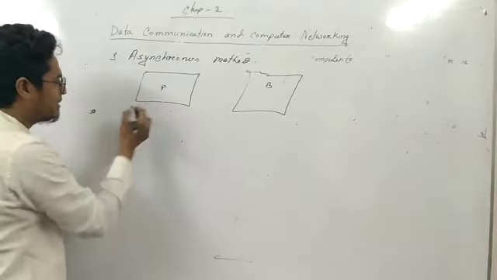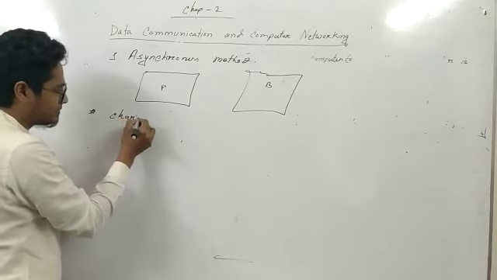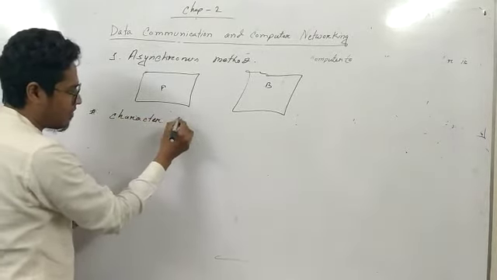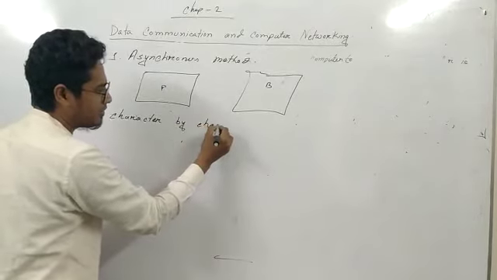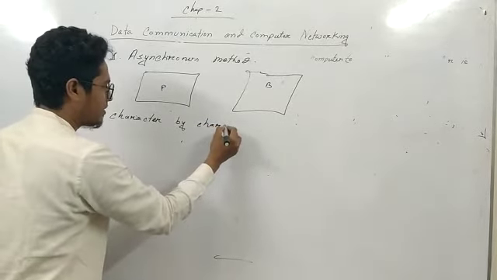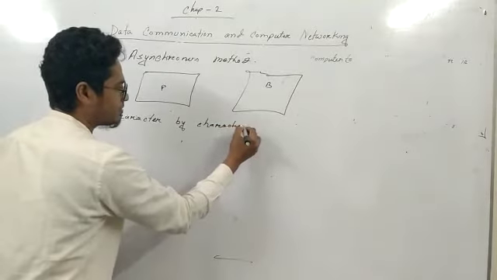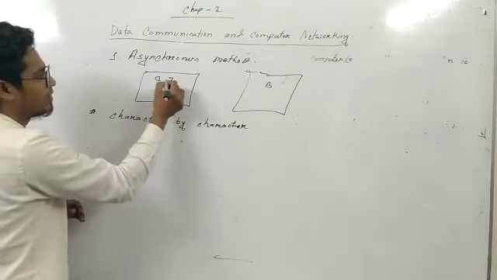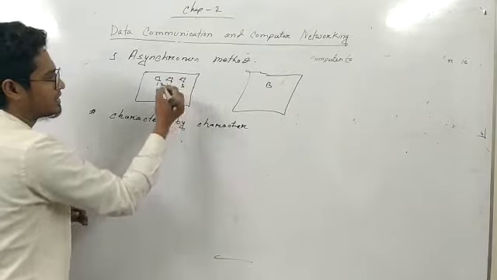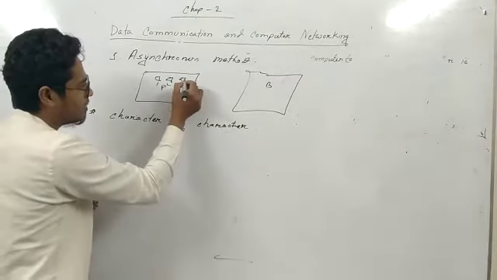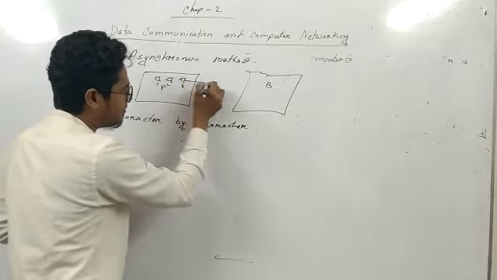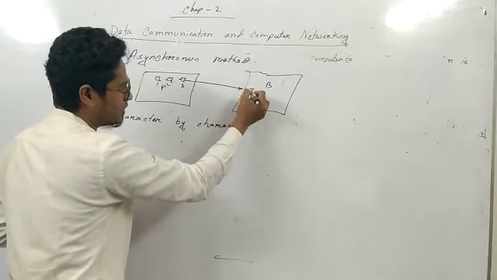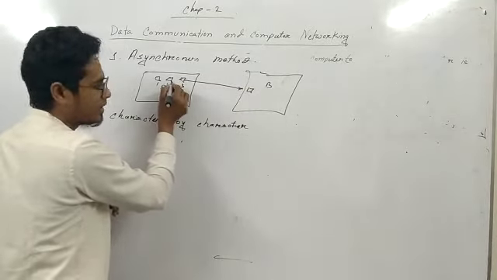Here data will be transferred character by character. Say here is 1, 2, 3. Three characters, and it will transfer the first character to B, then the next, then another.